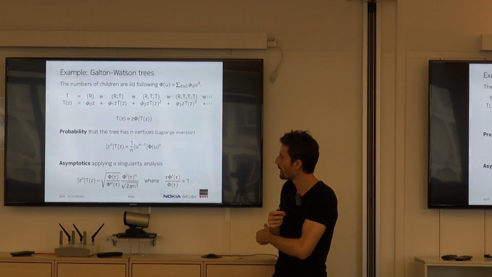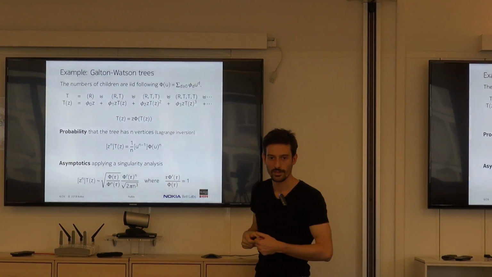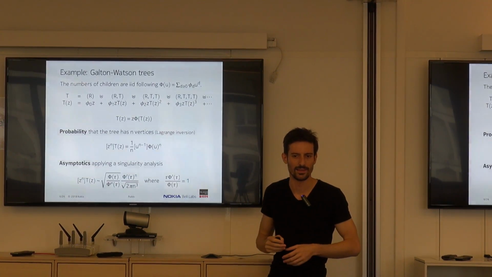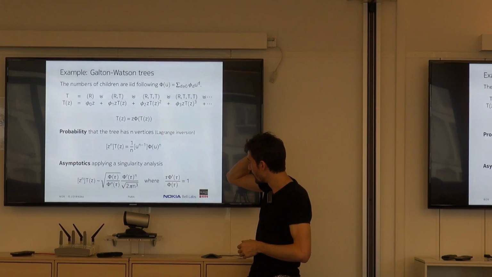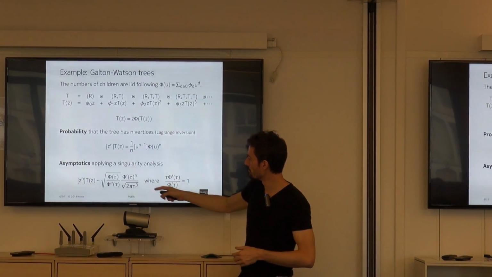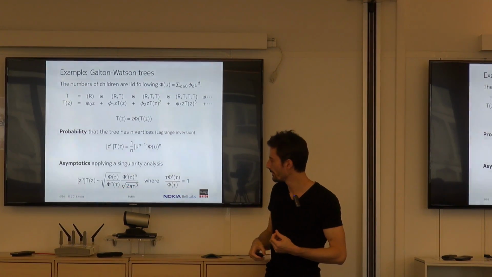We can also obtain asymptotics using singularity analysis. So this is the result here. I will not show you those black box theorems. We don't need them. We just need to know that they exist and that we can apply them. So tau is a solution of this equation. And then you obtain this formula for the asymptotic probability to have n vertices.